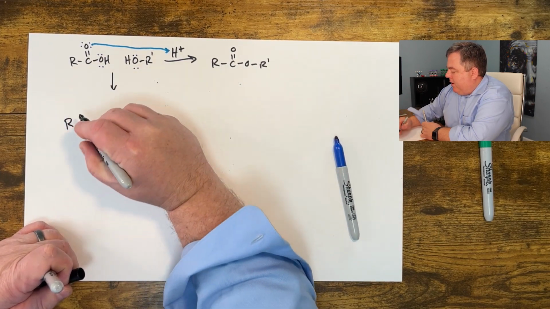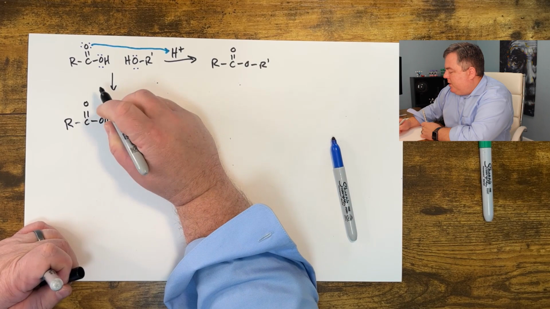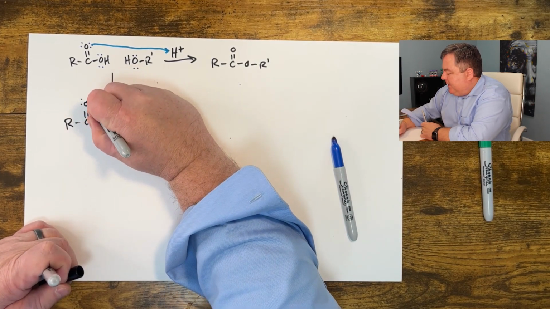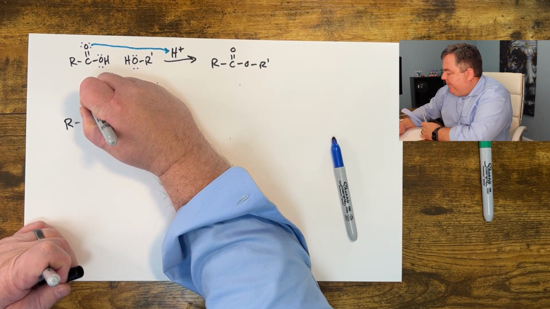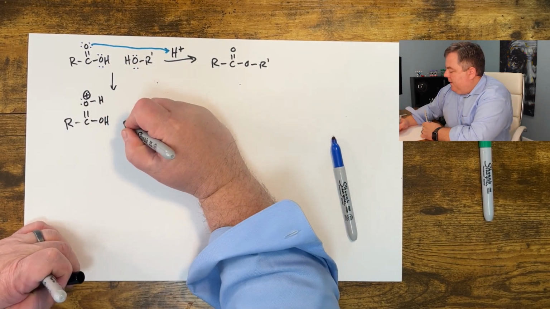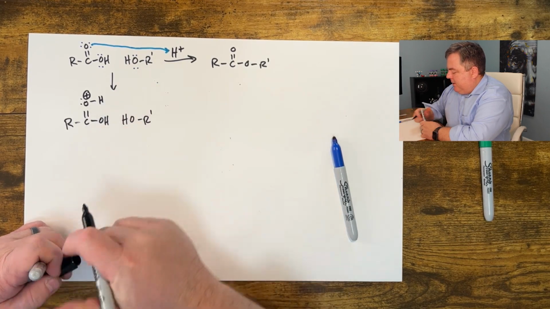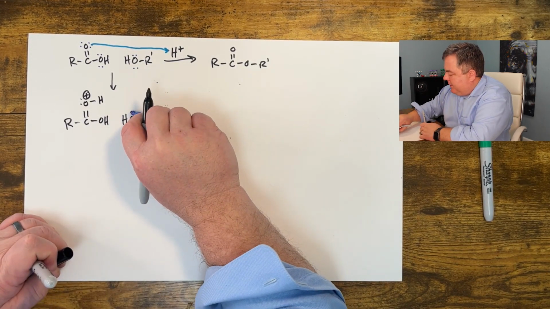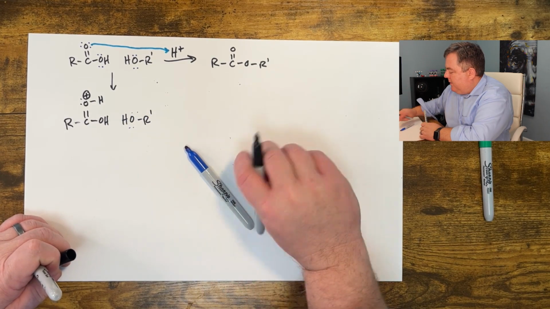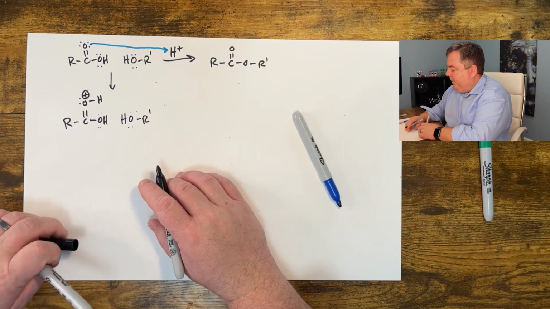So we have R, C double bond O, OH, and this oxygen has now a hydrogen on it. So there's a positive on that oxygen. And we still have my alcohol with its lone pairs of electrons. And there's 2 here. So don't forget those.